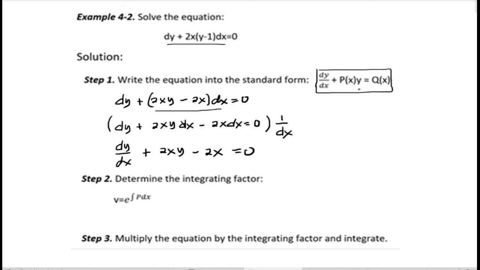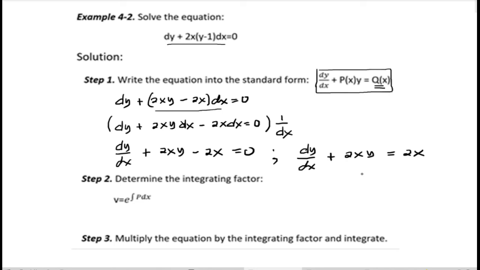Then, writing this into standard form, you notice at the right side is only the function of x. So, we are going to transfer negative 2x here to the right side. So, our standard form is dy over dx plus 2xy is equal to 2x.